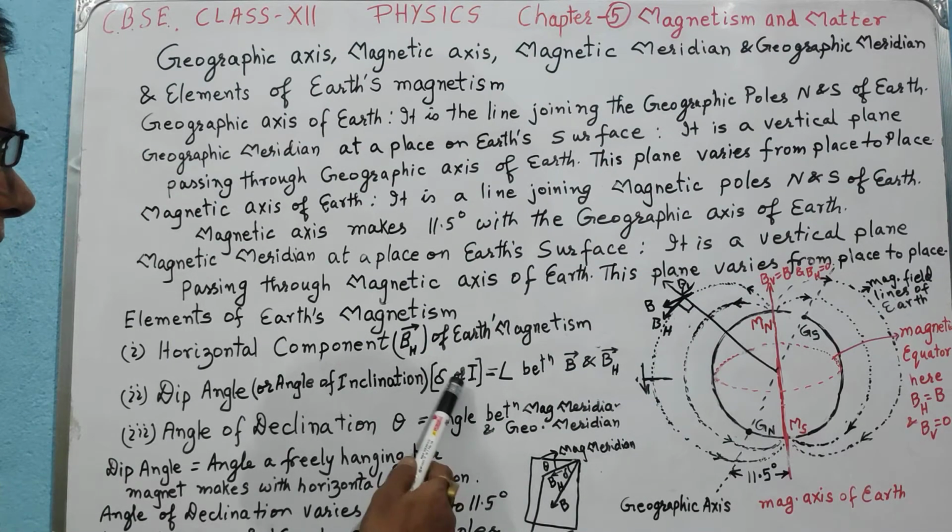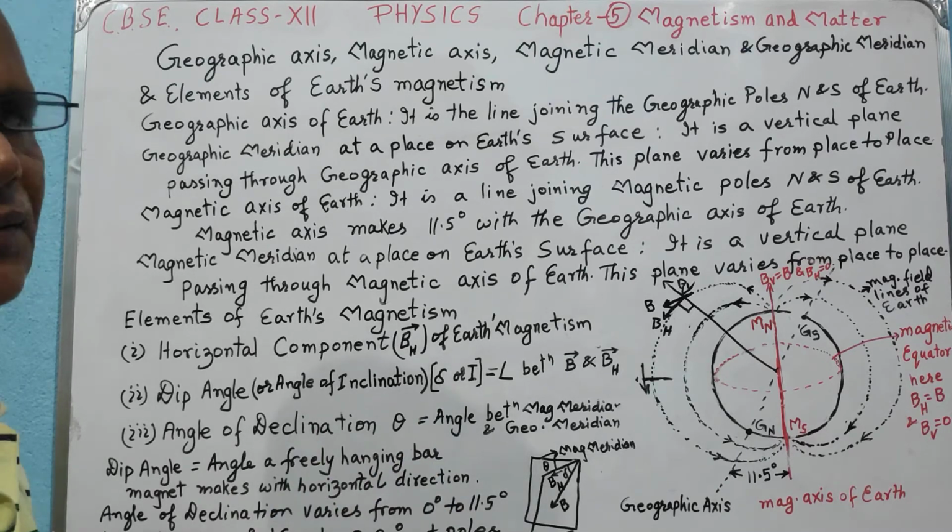It is also denoted by delta or I. It is also known as the angle of inclination.